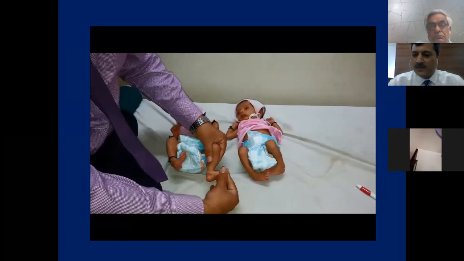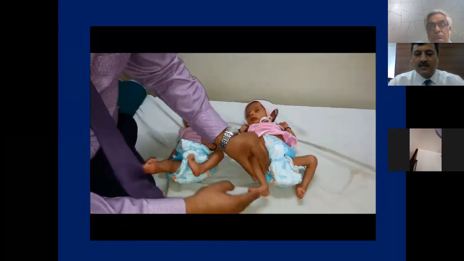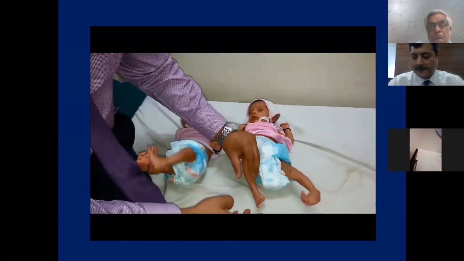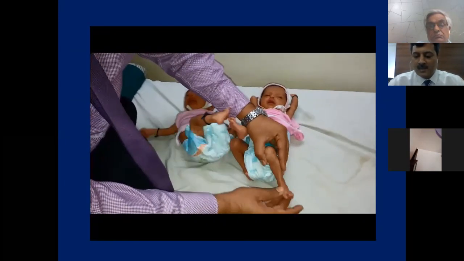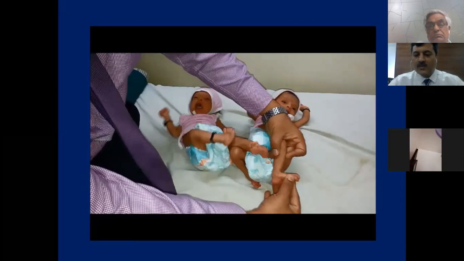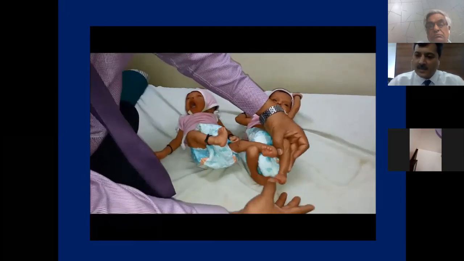I could do full dorsiflexion for both the children. So these were diagnosed as just postural deformity and not clubfoot. They did not require any plaster treatment.